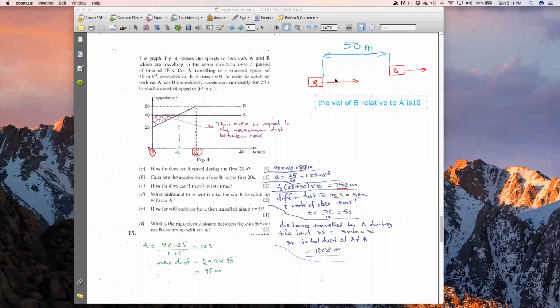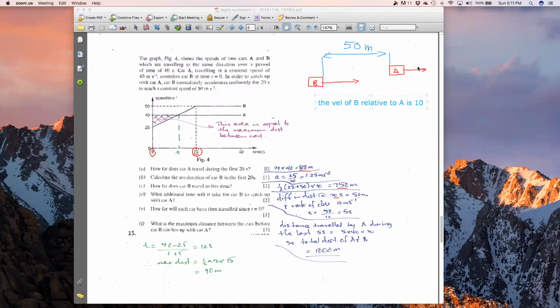All right? So as far as they are concerned, this could be considered to be stationary while this is traveling at 10. Do you all think you follow what I'm saying? That's a trick to the whole thing. That's one of the tricks in this question. That is called relative velocity. We don't really teach it anymore, but it's a concept that is quite useful. The velocity of B relative to A is just 10.